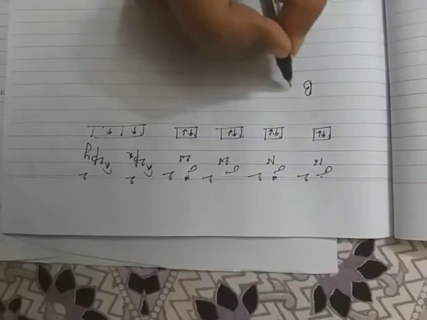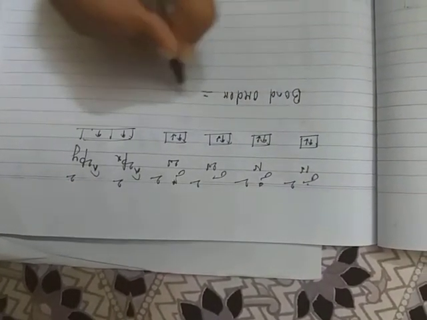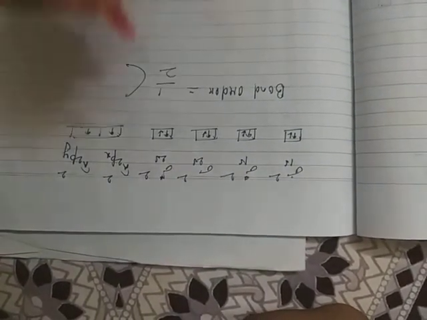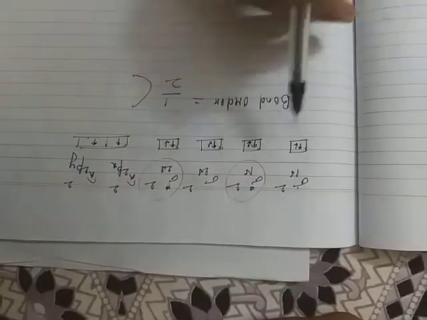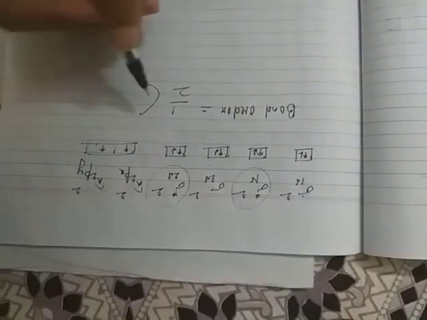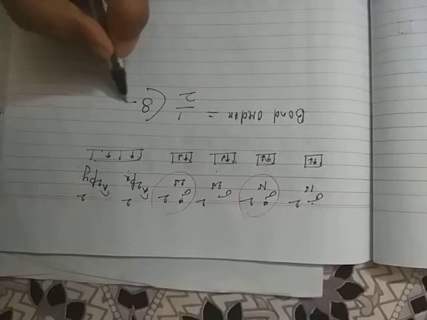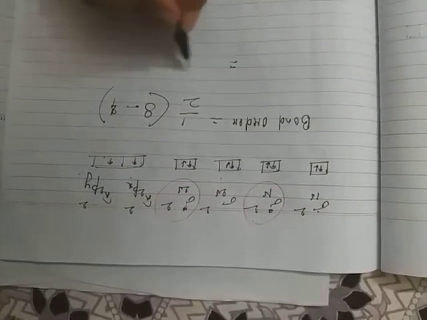The bond order will be half into the total number of electrons in bonding molecular orbitals minus those in anti-bonding. Out of this, only these two are anti-bonding molecular orbitals. So we have 2, 2, 2 and 2, 8 bonding molecular orbital electrons and 4 anti-bonding molecular orbital electrons.